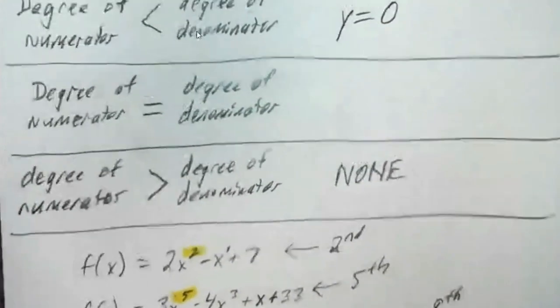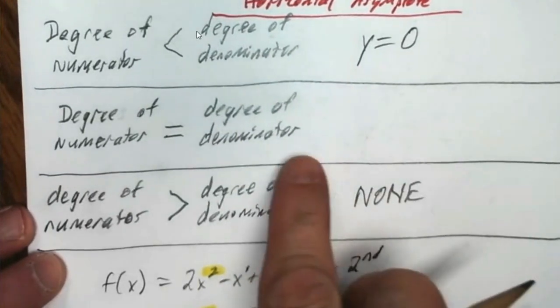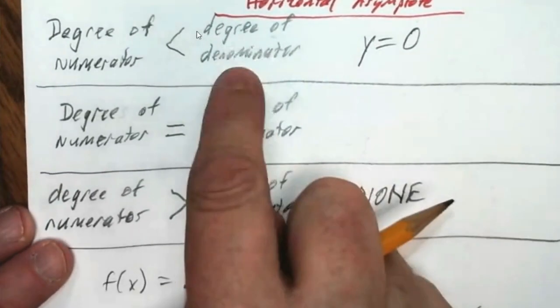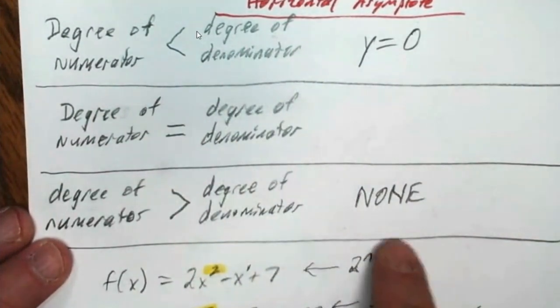So let's look at the last case. The last case is the only place that it changes, because this is always true. It's always y equals 0. This one's always true. There's never one.